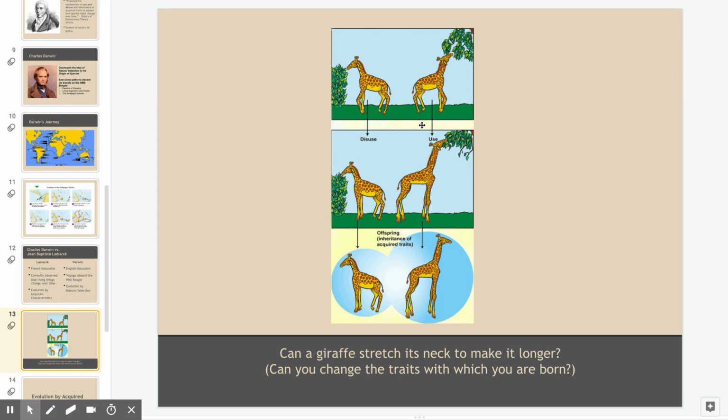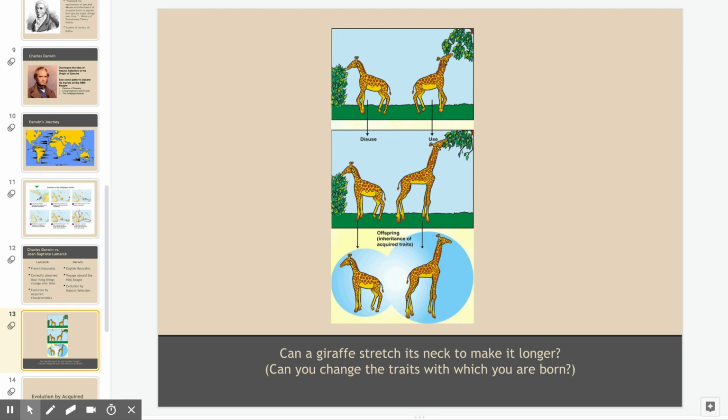So Lamarck believed, and this picture tries to show us this, that if you had an animal, we're going to use a giraffe as an example, and the giraffe was able to eat leaves, foliage that was at eye level, right? It would have no problem living just the way it is, eating the leaves here. But he believed through his research that, let's say a giraffe lived in an environment where suddenly all of the trees were tall, and the only way that it was going to be able to get those leaves from the top of the tree was if its neck was longer.